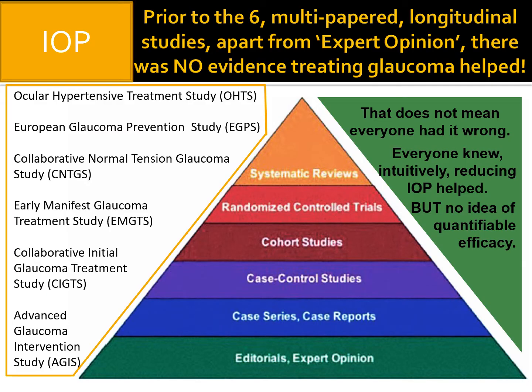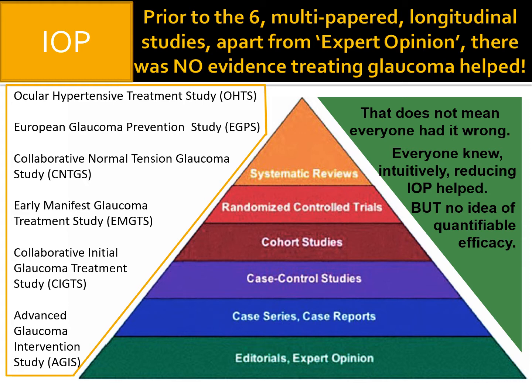So I'll introduce these 6 studies. They'll come up more in the third talk. But prior to the 6 multi-papered longitudinal studies, apart from expert opinion, there was no evidence treating glaucoma helped. These are studies that really started in the 90s and really are ongoing. Now, obviously, that doesn't mean we had it wrong.